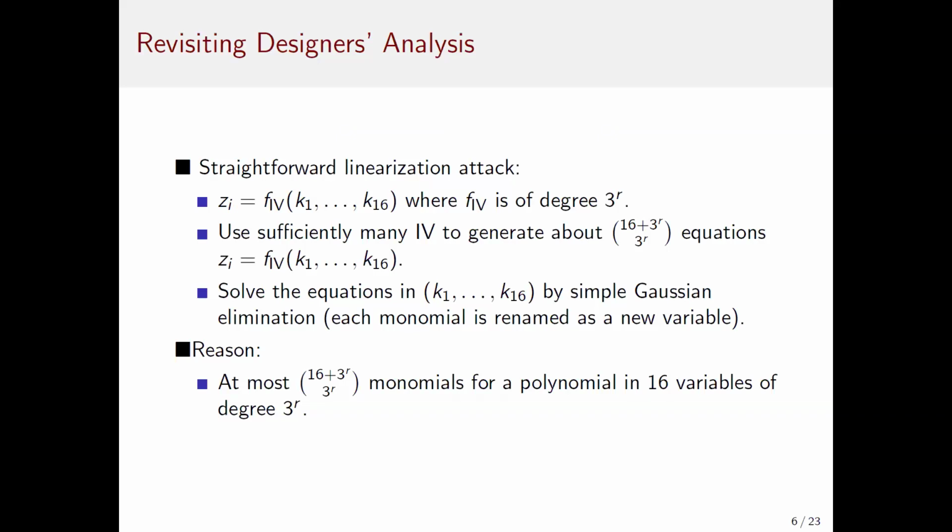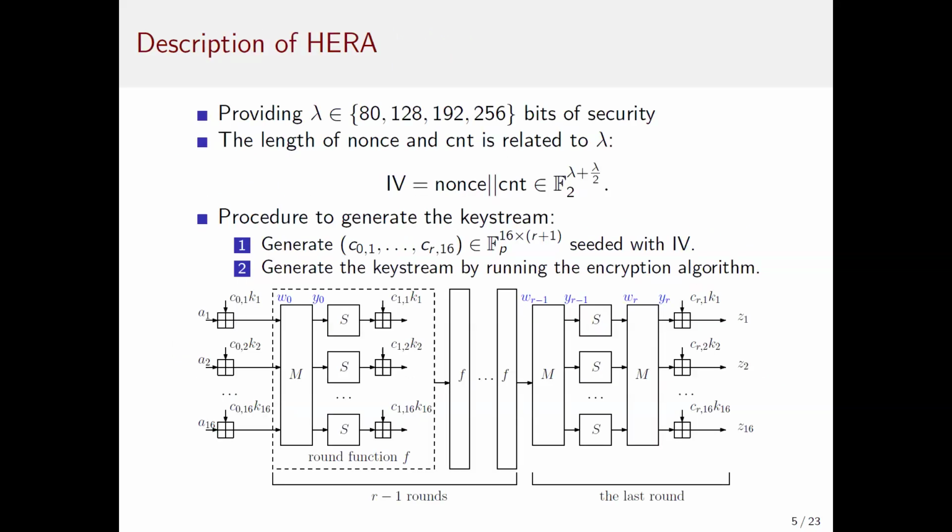For such a design, because it's a moving target every time, the most effective attack becomes the algebraic attack, and especially the linear relation attack, because you can easily observe that each key stream word can be expressed as a polynomial in the key variables, in these 16 key variables. We also know the S-box is just the power map x to the 3.